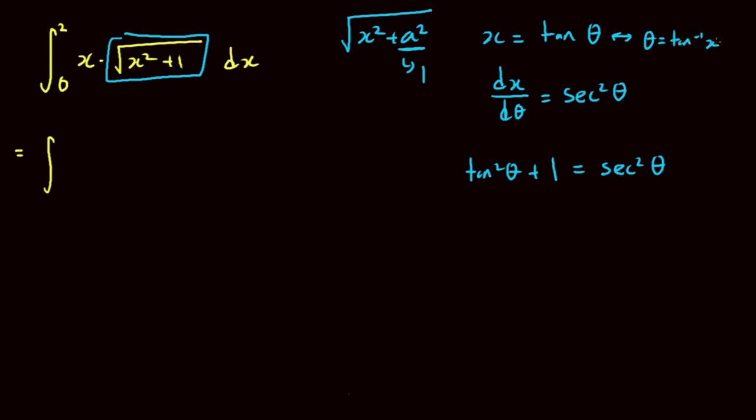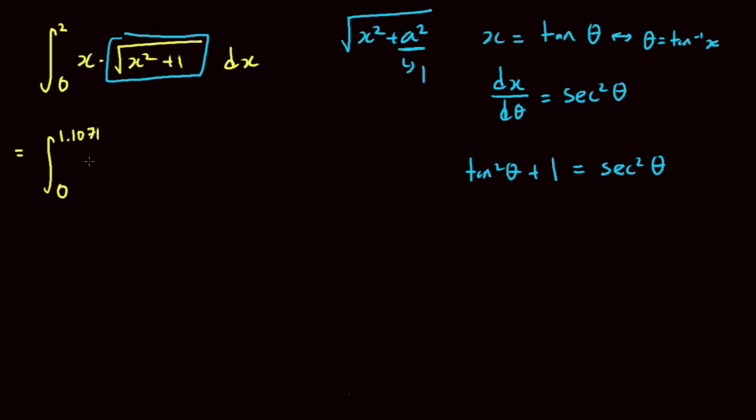This is the thing you have to keep in mind when you're changing the limits. So in our first case, tan inverse 0 is 0, okay? And tan inverse 2 would be, wow, okay. So we're left with 1.1071. Okay. So this is a decimal, but I round off to 4 decimal places.